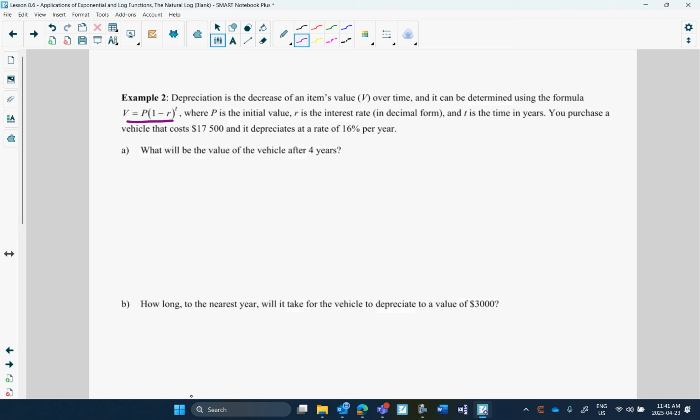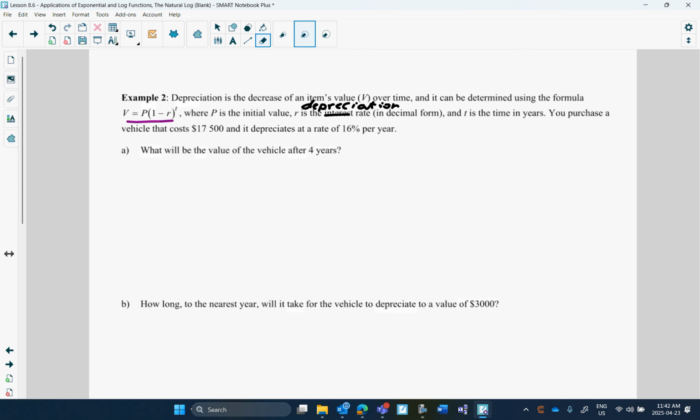R is the rate of depreciation. Okay, I don't know why I put the interest rate, it should be depreciation. T is the time in years.